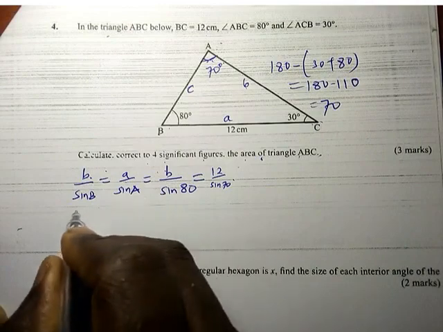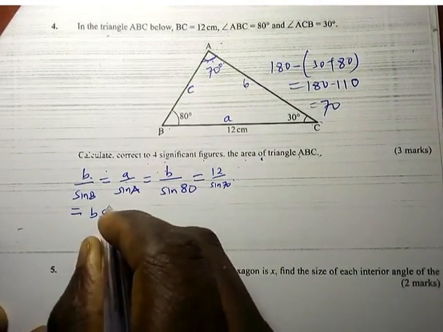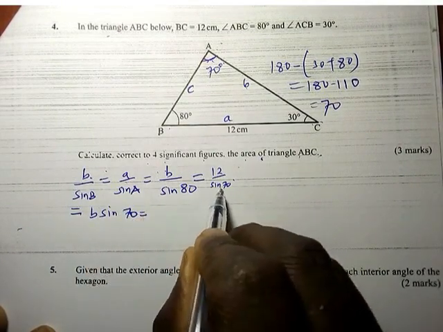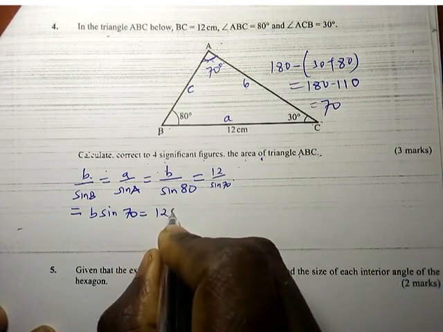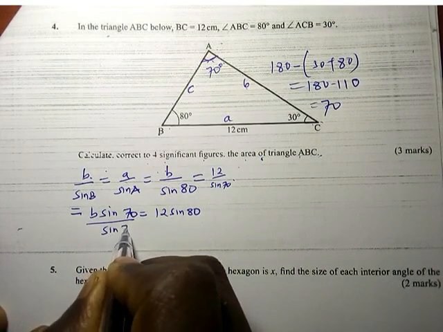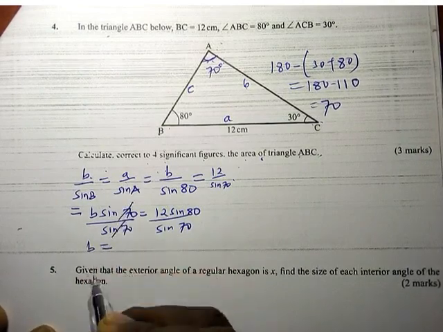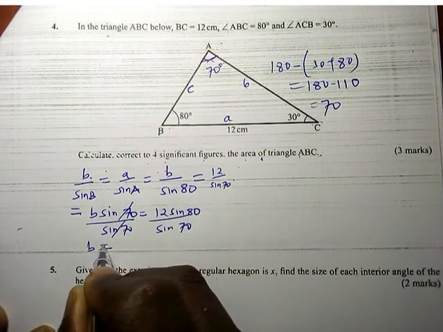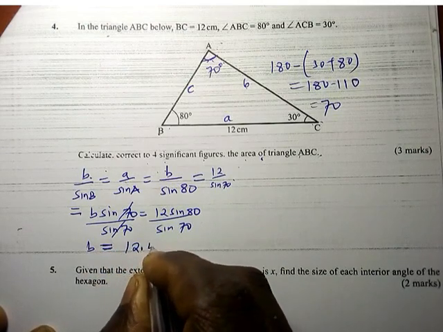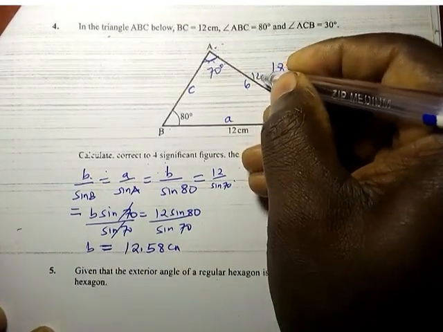So we are cross multiplying: B sine 70 is equal to 12 sine 80, divided by sine 70, so B is finished. You use your calculator and you get the answer as 12.58 centimeters. So from here up to here is 12.58 centimeters.